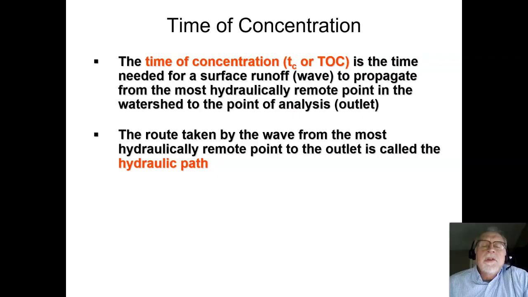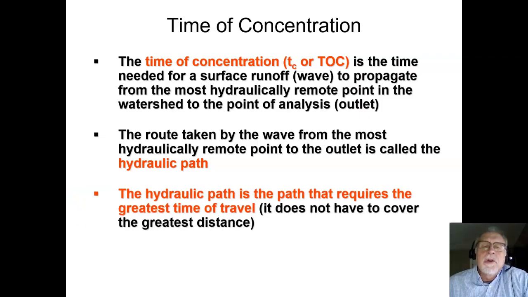And that's the longest hydraulic path. So the idea is wherever a raindrop hits the watershed, we're looking for the peak runoff at a certain point. The outlet of our site, the bottom of our site, some place where it enters a stream. We look at what is the longest it would take a raindrop to hit our site and get to that point.